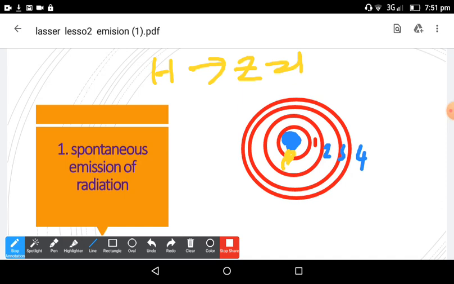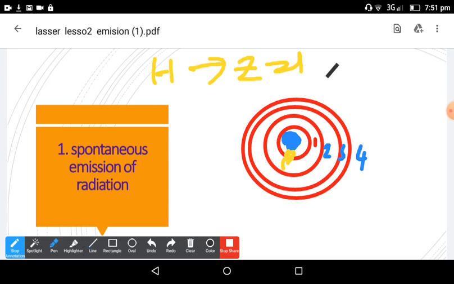When hydrogen gas is considered, all the atoms consist of one single electron. Each atom of hydrogen gas will have one electron, which is in the first orbit. The energy level of the electron is known as ground level.